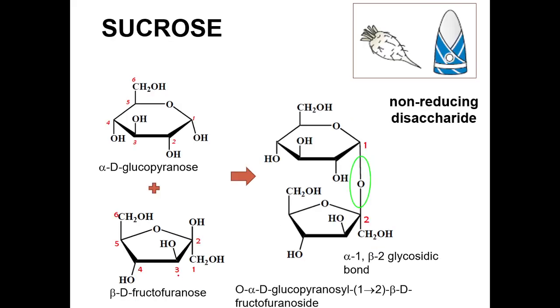So, ito naman yung inyong very familiar kayo is the sucrose. So, sucrose naman natin is a combination of an alpha D glucose and a beta D fructose. So, yung glucose natin dito is 6-membered and then yung fructose naman natin is 5-membered. Kaya yung isa ay ina-assign natin siya na pyranose because we have the 6-membered ring including the oxygen and then furanose for a 5-membered ring kasama yung oxygen in that particular ring.